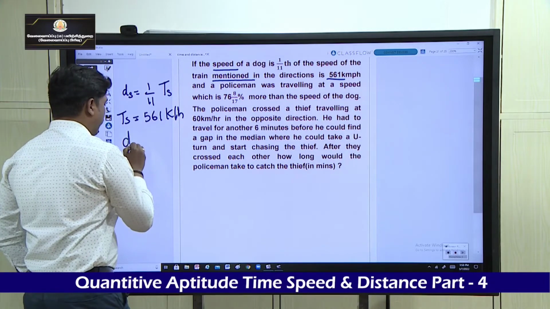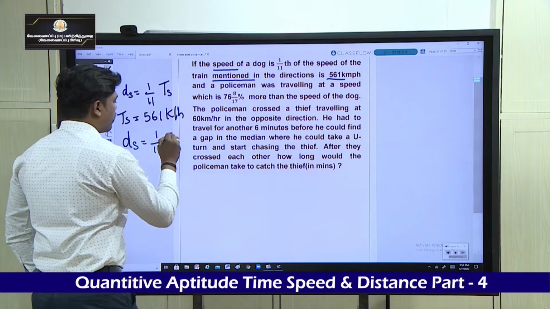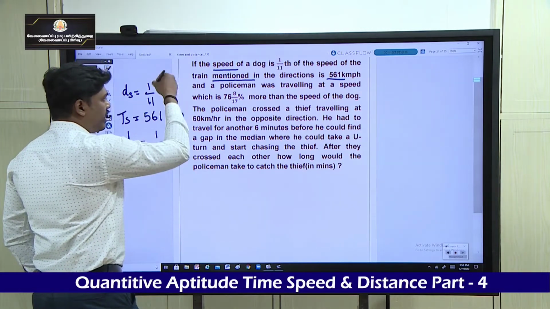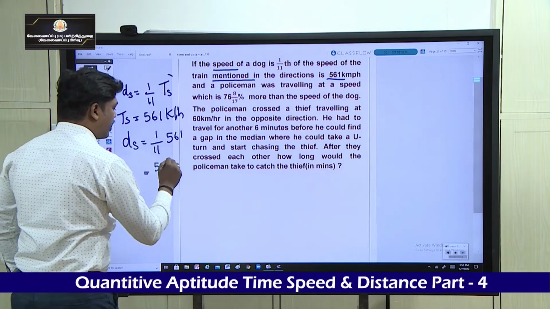So with this I can find the dog speed. Dog speed is 1 by 11 into 561 of the train speed. When I cancel, I will be getting 51 km per hour.